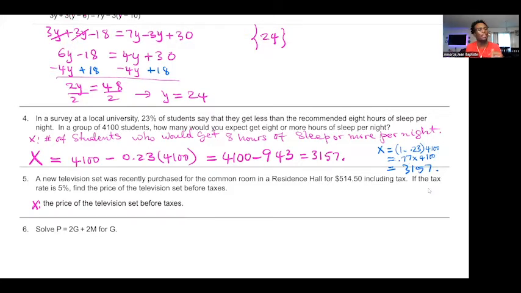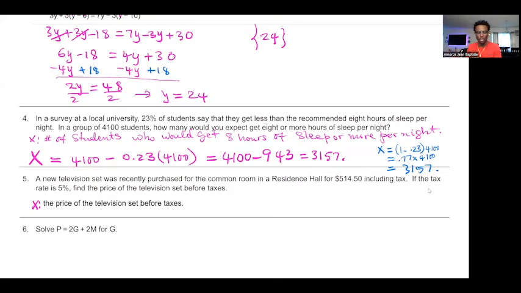Now, next, they talk about tax because they said this $514.50 is the total price that includes both the price of the TV set before tax and the actual tax paid for this TV.